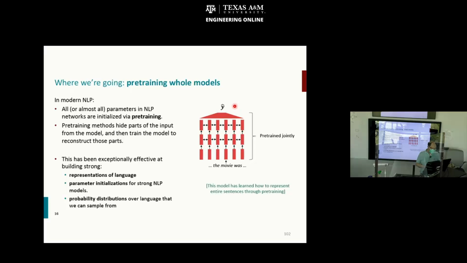And the trick, of course, comes from how you pre-train, including the design of the loss. The pre-training methods usually hide part of the inputs from the model and then train the model to reconstruct those hidden parts. So this is a general idea about how you can pre-train almost the entire model and why that might be a good idea.